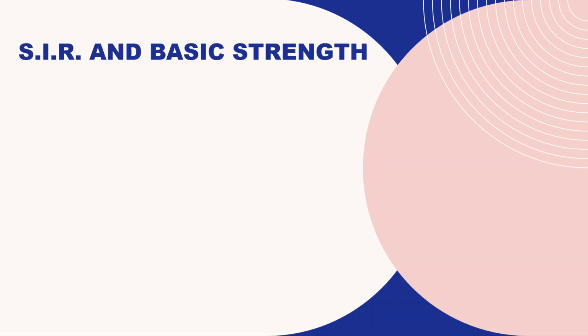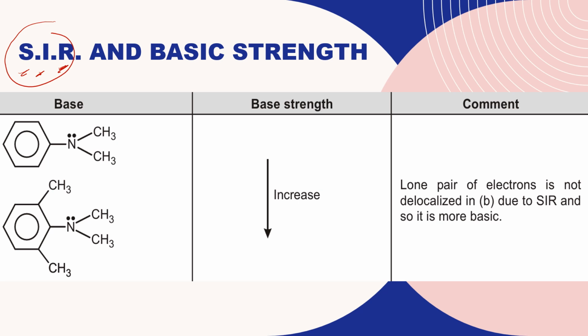Then steric inhibition of resonance, that is SIR, and basic strength. We are taking two examples. This is compound A and that is compound B. In compound A, the lone pair is present on an N atom. In compound B, the lone pair is present on an N atom. In compound A, this lone pair is in conjugation with the benzene ring. But in compound B, there is a very large steric hindrance created by these two CH3 groups.